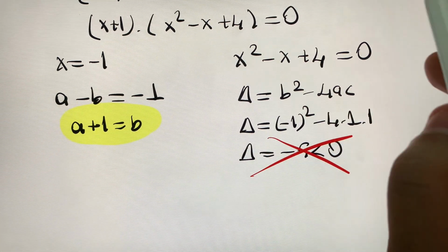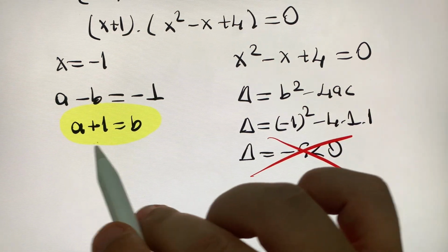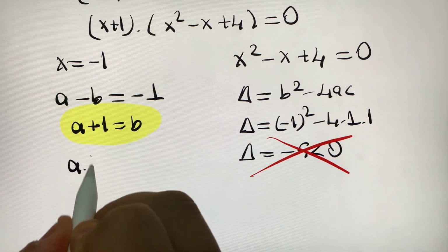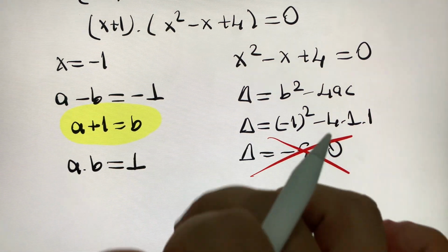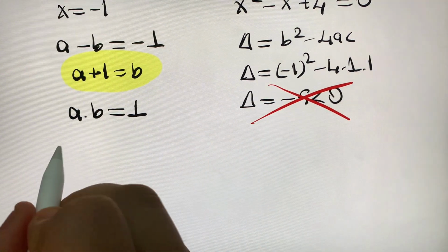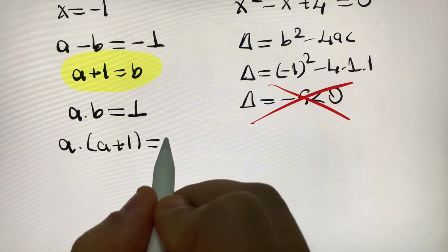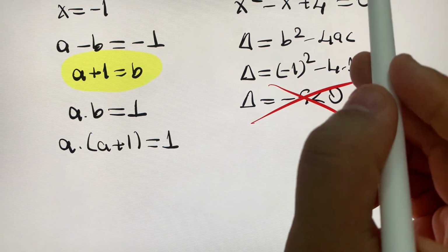Now what can I do next? Look, I can focus on the expression here. What did we know? The expression we call a times b was also equal to 1. Then I can write a plus 1 where I see b here. So a times a plus 1 is equal to 1. Then we can distribute this.